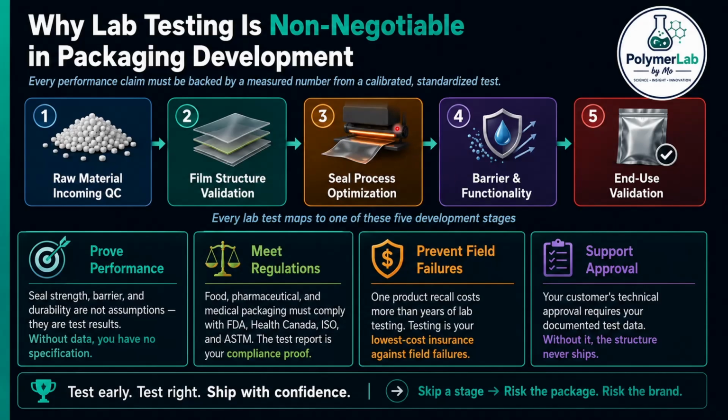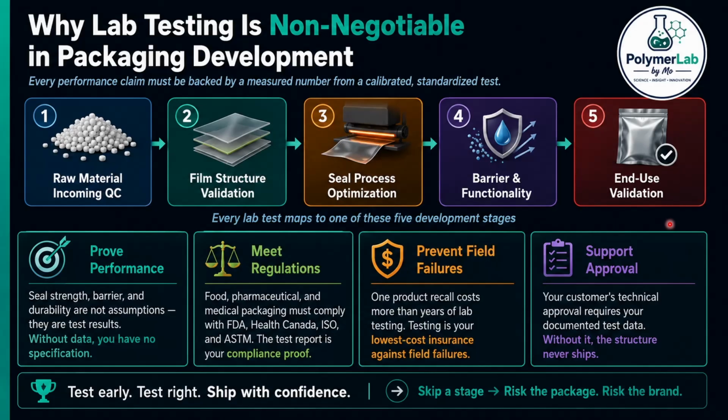Product development in flexible packaging follows 5 stages: incoming quality control of your raw materials; film structure validation, does the laminate you build meet a spec; seal process optimization, find the conditions that give you a reliable seal; barrier and functionality testing, does the structure actually protect the product; and finally, end use validation, does the finished package survive retort, freezing, distribution, and the consumer. Every test we will cover today maps to one of those 5 stages.